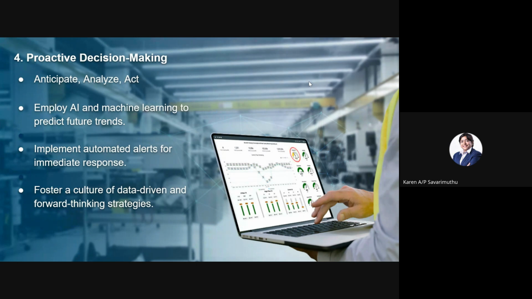So to make it balanced, we want to foster this culture of being data-driven, with people who can think for the future with proper strategies. If you combine AI and machine learning together, you will have peace of mind, because the trained model will help you run, cater, and make decisions. I'll share with you shortly how these things are happening.